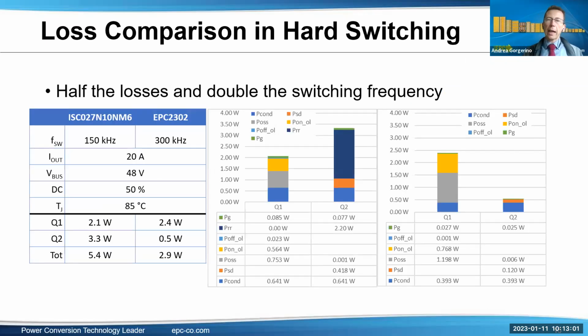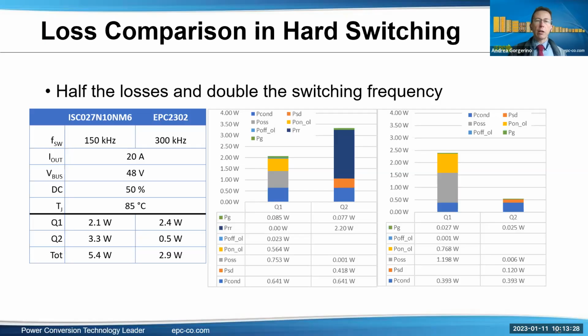So first, let's look at an example in an application of how these parameters translate into actual losses. This is a typical formula-based calculation. These are actually the formulas from the GaN book, the 3rd edition, but similar to other formulas that our manufacturers use, using the same assumptions for both.